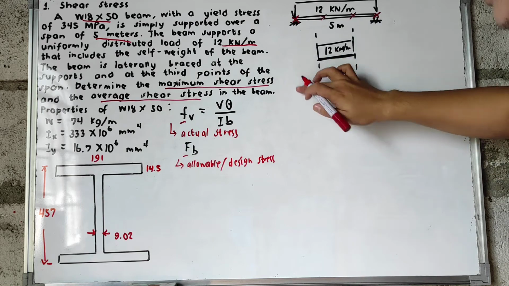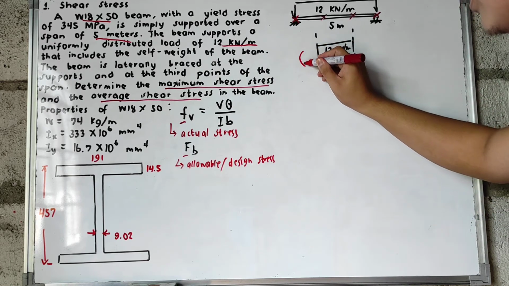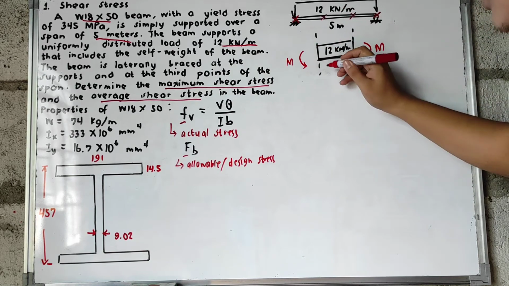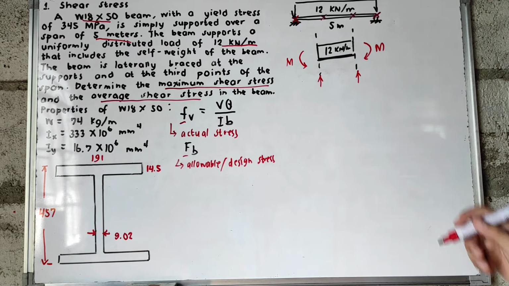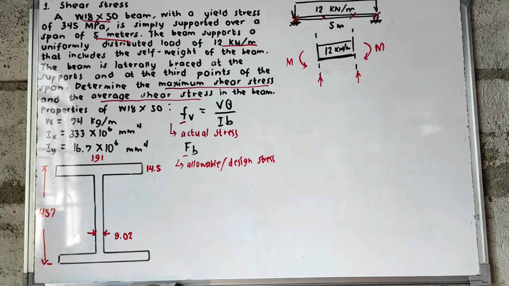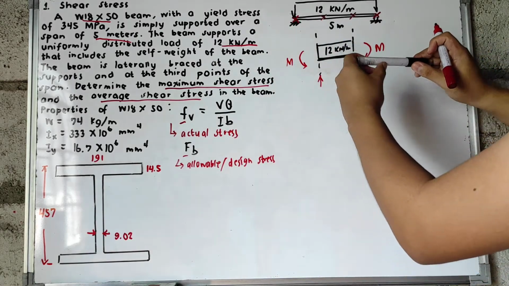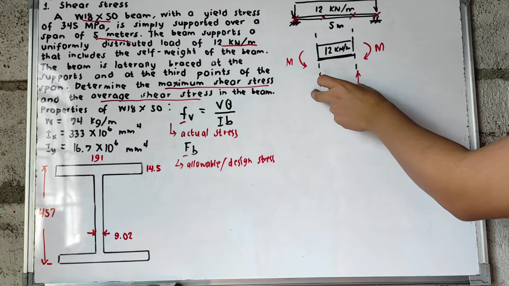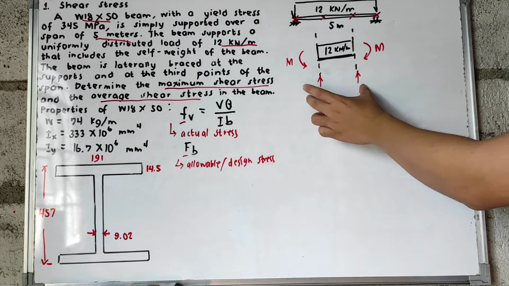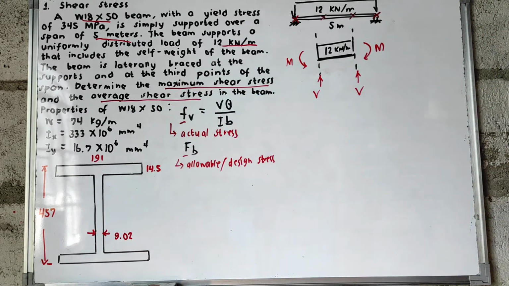lilitaw yung mga forces natin o yung mga internal stresses natin. So, una is the moment, and also yung mga shear natin. So, etong mga bending moment natin na to, it causes flexure kasi binebend niya etong beam natin. Ito naman sa mga vertical forces natin o yung mga shear force natin, ito naman yung nagke-create ng shear stress.